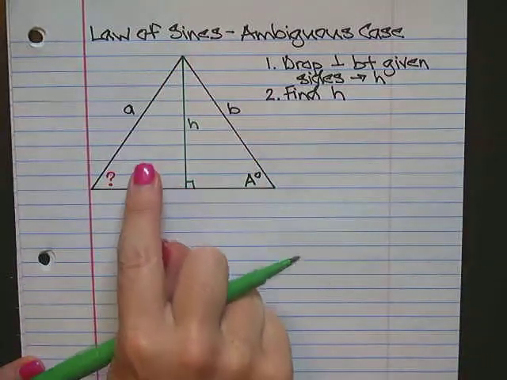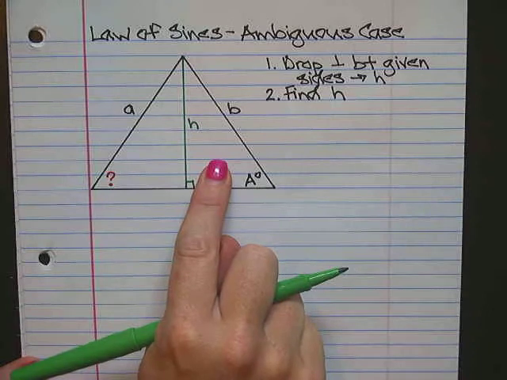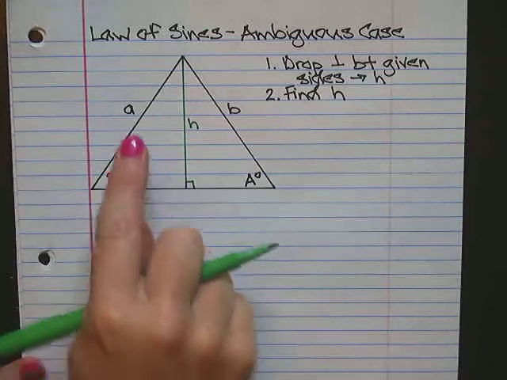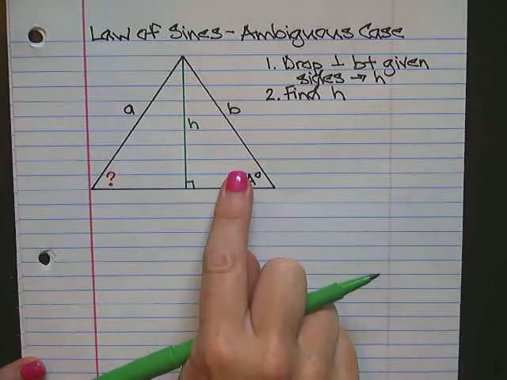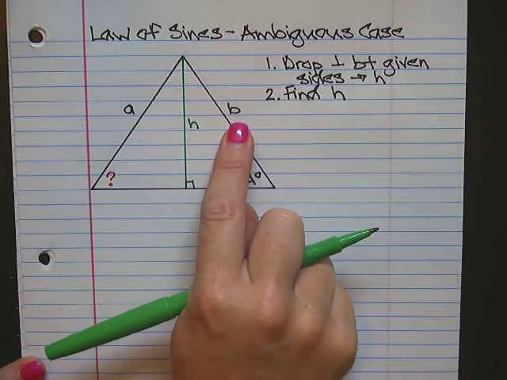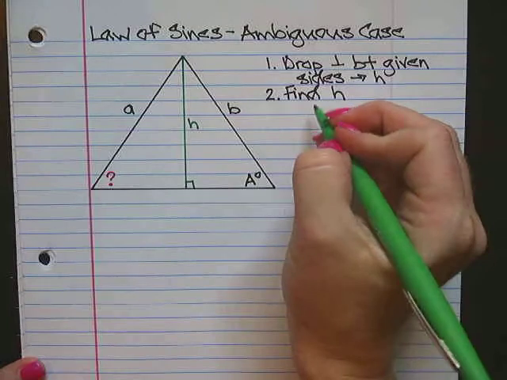Notice that H is a leg of two right triangles. The right triangle on the left has this value for the hypotenuse, and the triangle on the right has this value for a hypotenuse.